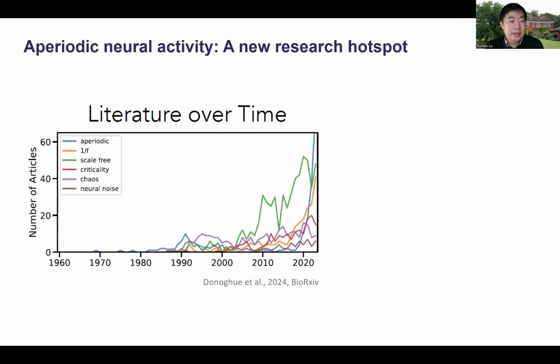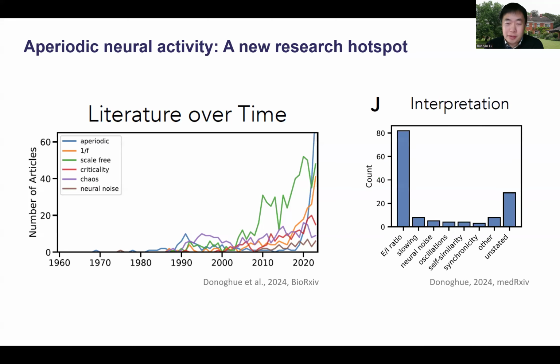And recently, aperiodic neural activity has become a new research hotspot. As you can see here, from 2020, literature about aperiodic activity, or 1/f, or scale-free activity has had a dramatic increase. That's probably because some newly developed, easy-to-use toolboxes exist, like FOOOF or IRASA. So people started to look at 1/f or aperiodic activity.